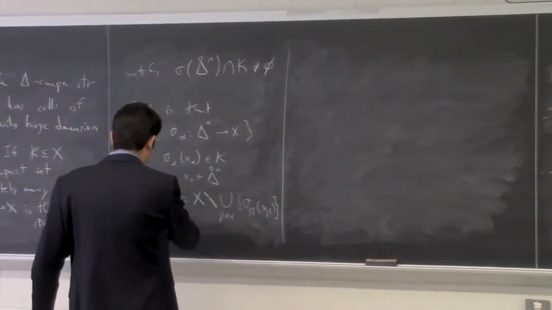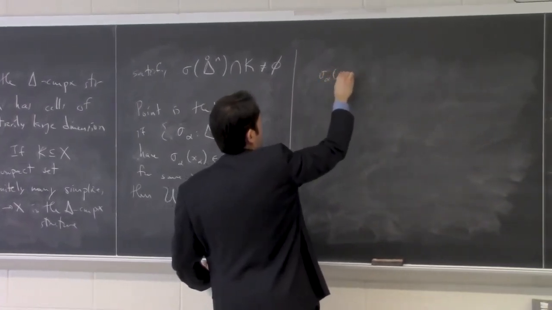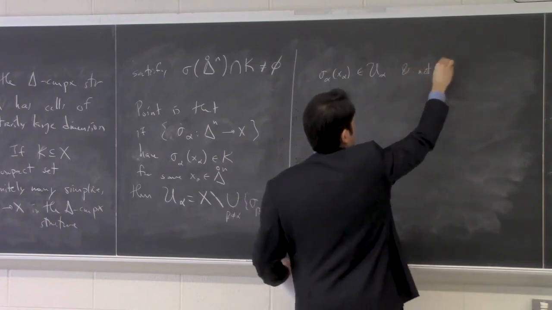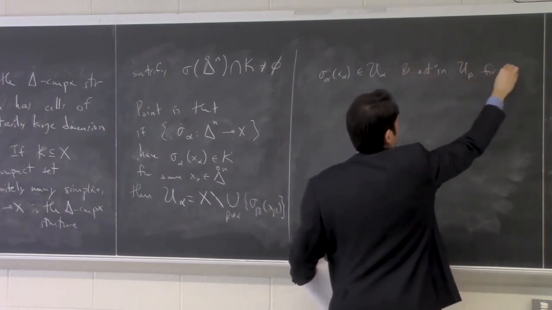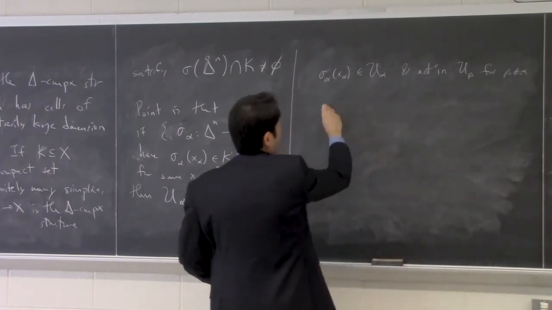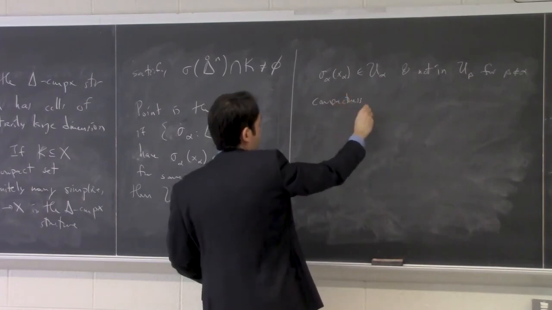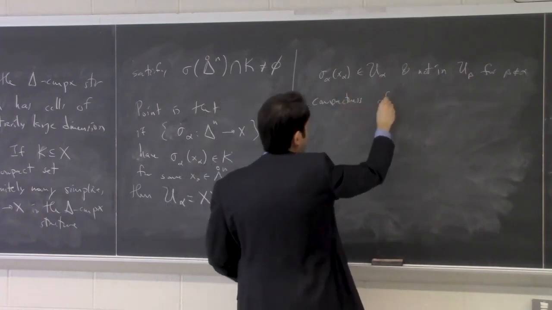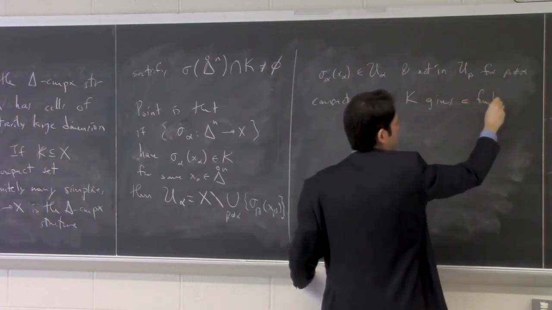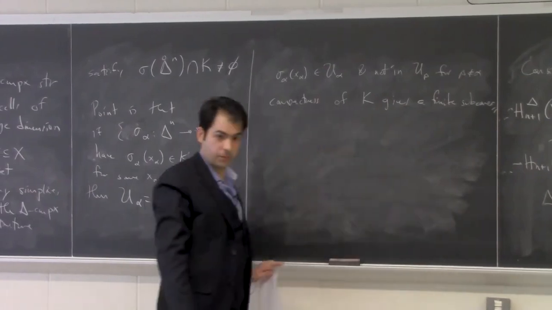So I know that sigma alpha of x alpha is in U alpha and not in U beta for beta different from alpha. And compactness of K gives a finite subcover. So that proves the claim.